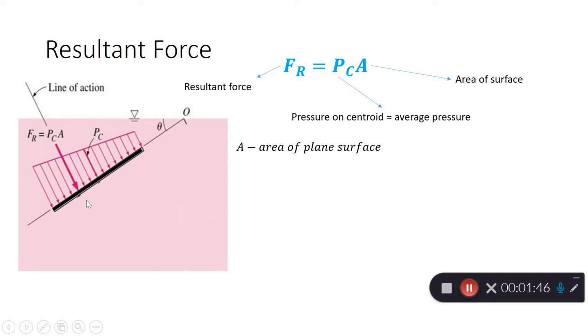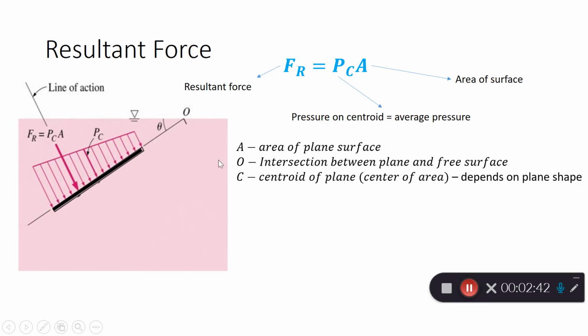So we need to know the shape of this plane. Then we have point O, which is the intersection between the plane and the free surface. Just like before, this indicates that this is a free surface. If the plane is fully submerged like this, you can just extend the line of the plane, and where it crosses the surface is point O.